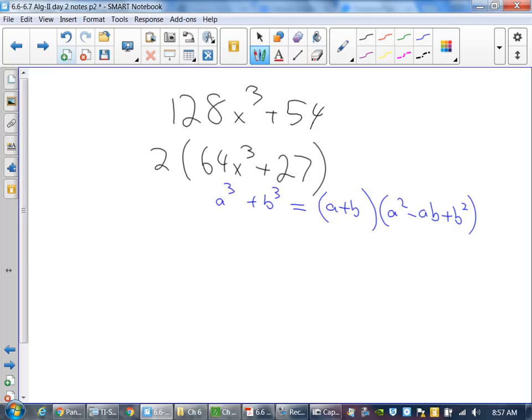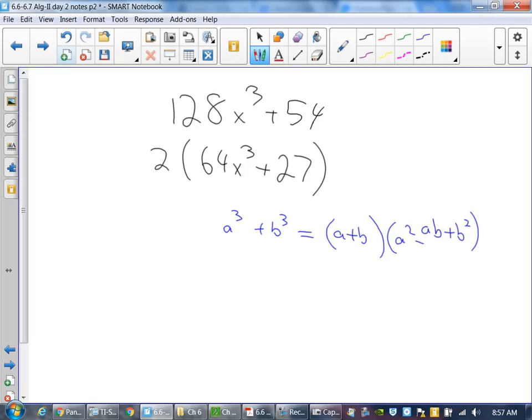Now with this case, you have to remember what's playing the role of a and what's playing the role of b. b is not 27. What do you have to cube to make it 27? 3. So remember, 27 is 3 cubed. 64x cubed is 4x, quantity cubed.